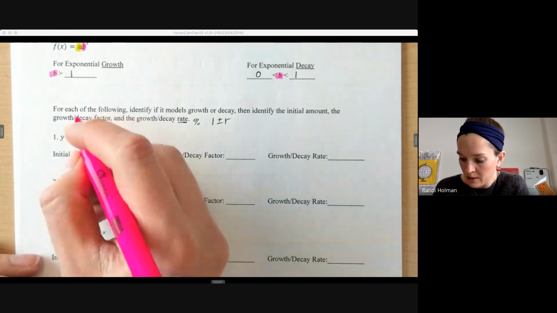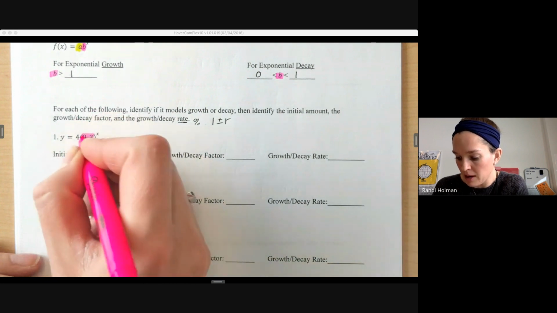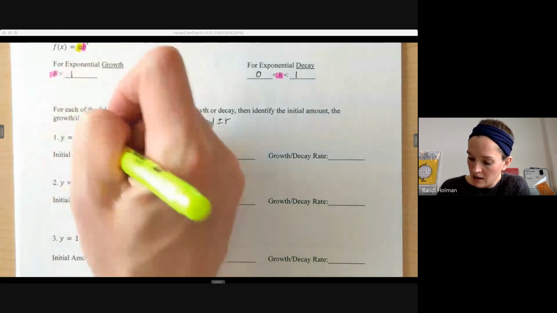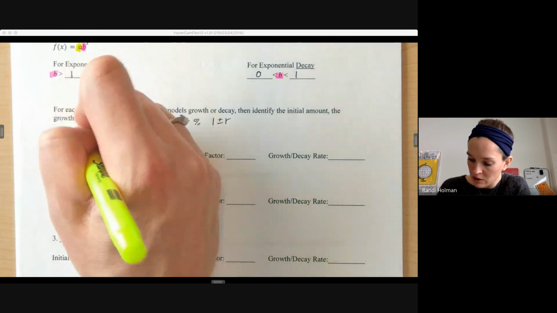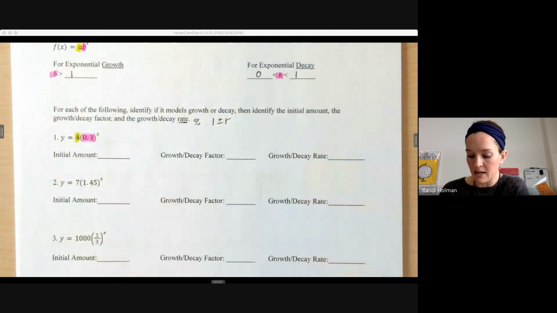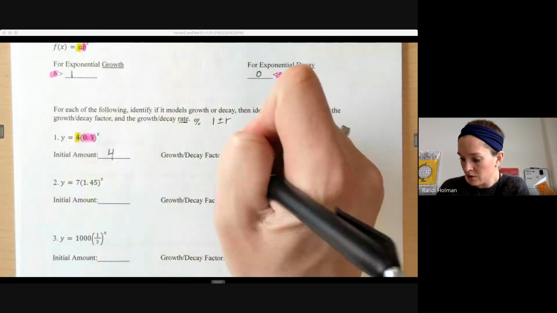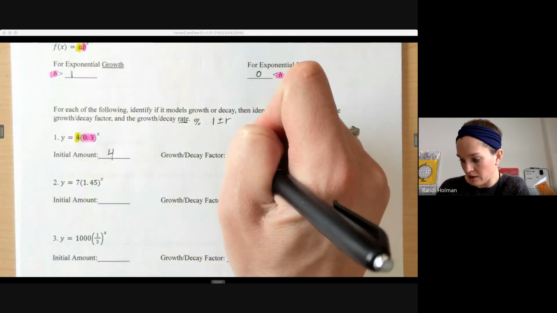If we have 4 times 0.3 to the x, again, we're going to be really focusing on what we are taking to that x power, what we are multiplying by over and over. That is going to tell us our growth or decay factor. Our initial amount is always this value here, because if we took that whatever to the 0, it would just be 1, and we'd be left with whatever that is. So our initial amount here is 4. Our growth or decay factor is 0.3.